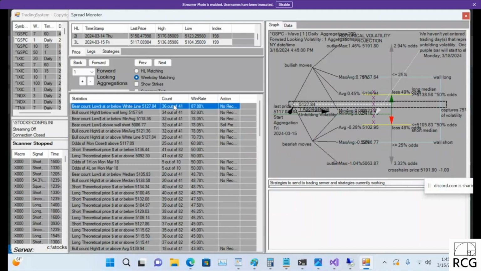Let's say on Monday it opened above the white line at 51.2784. If we open above the white line, that means 87.8% of the time, almost 90% of the time, we do get below it.